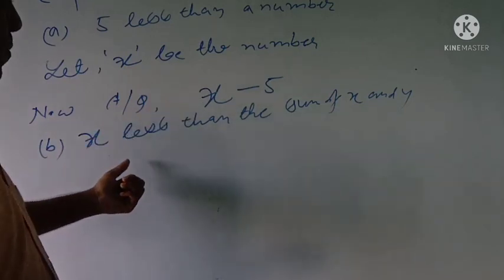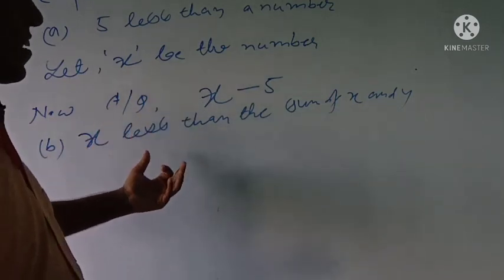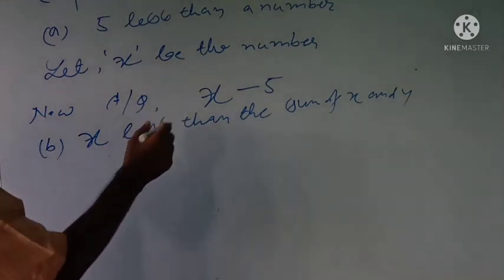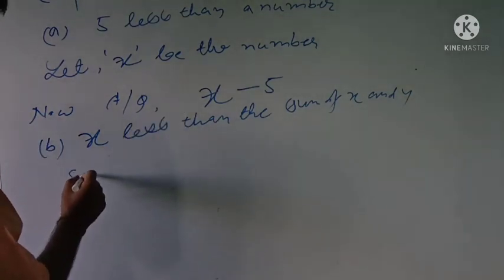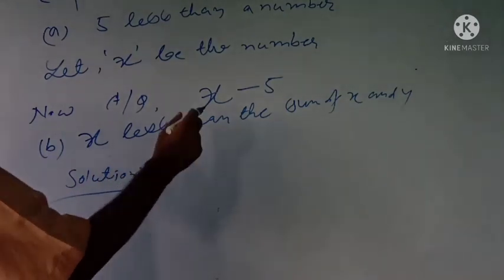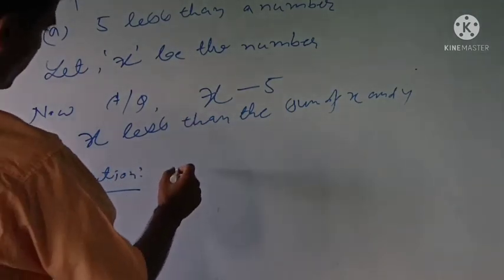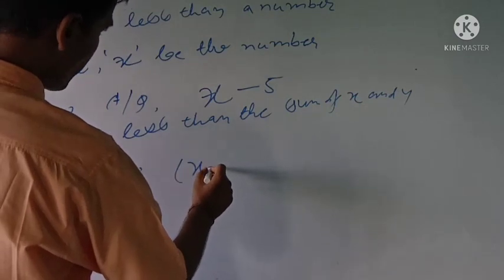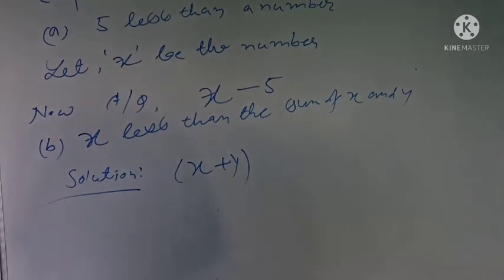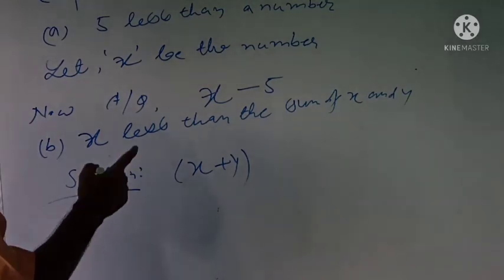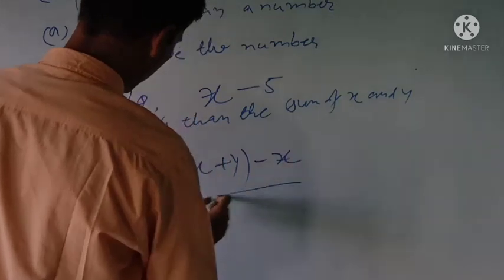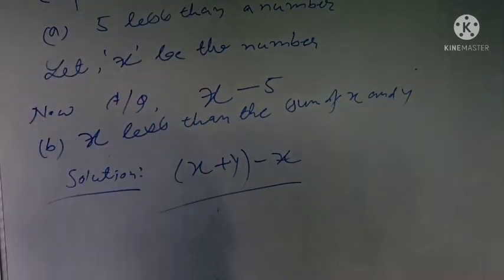But here, x less than the sum of x and y. Sum means plus, so the sum of x and y is x plus y, and x less, so minus x. This is the solution for question B.